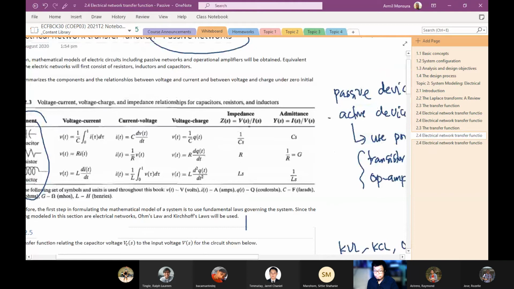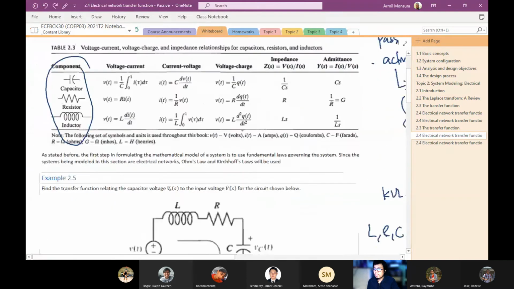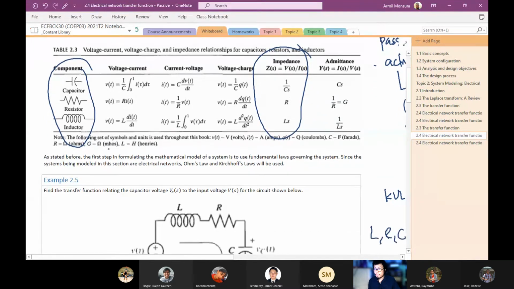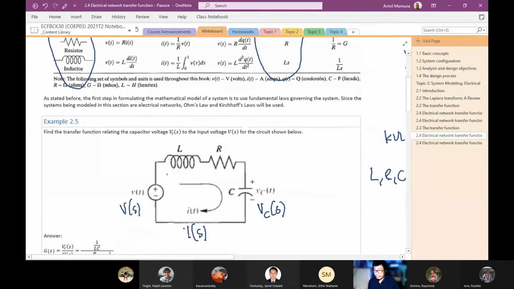Andito yan sa table. Ito yung mga impedances ng component nyo. So therefore, yung impedance ng capacitor sa Laplace transform domain is 1 over Cs, while yung resistor is R, tapos yung inductor is Ls. Then we get the impedances of this. So the impedance of this is Ls, the impedance of this is R, and the impedance of this is 1 over Cs.